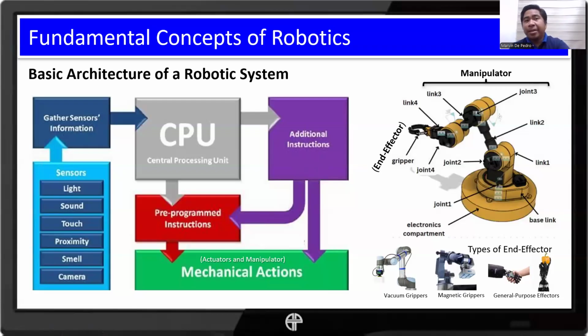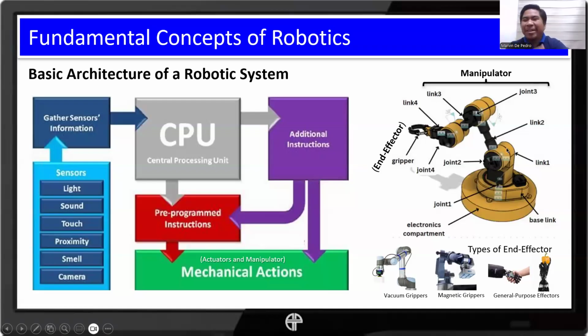Now, regarding the architecture of the physical structure of a robot, the physical, structural, and mechanical aspect of the robot, then it depends. If it is a manipulator robot, then it must have these components of its manipulator.